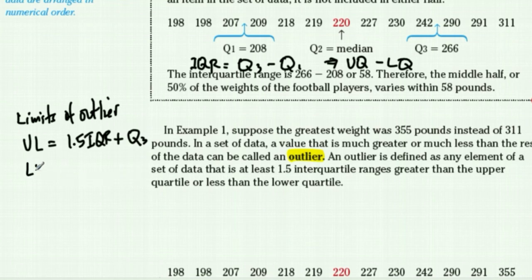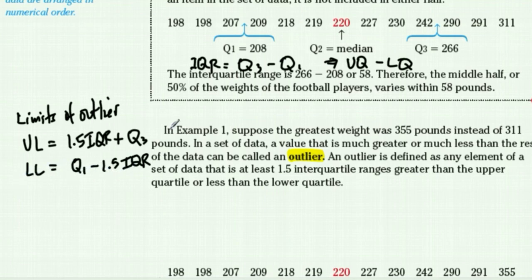The lower limit of your outlier will be your Q1 minus 1.5 times your IQR. Beyond these two limits, a value is considered an outlier. If it's above the upper limit, it's an outlier. If it's below the lower limit, it is also an outlier.